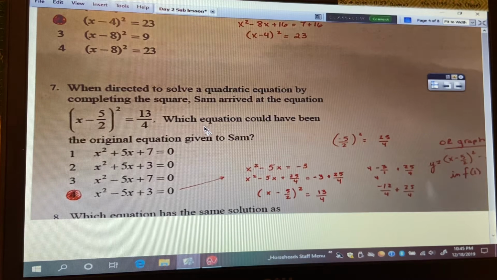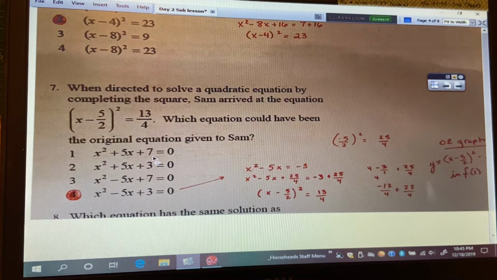Same idea. So I did negative 5 halves squared, because that's your B, squared equals 25 fourths. Or no, sorry, I worked backwards. I took this and worked backwards.